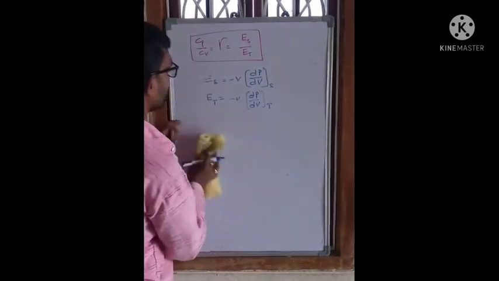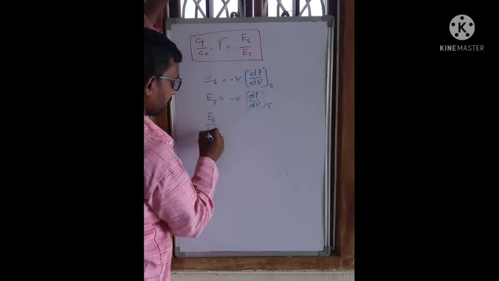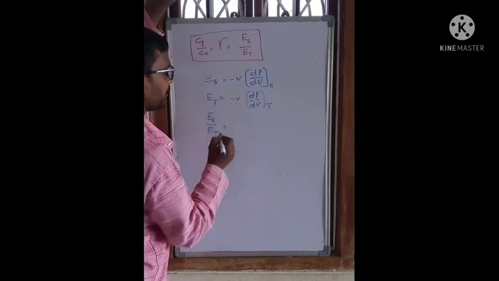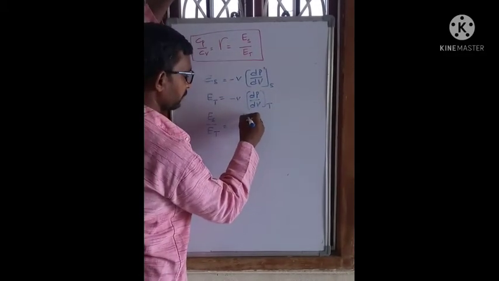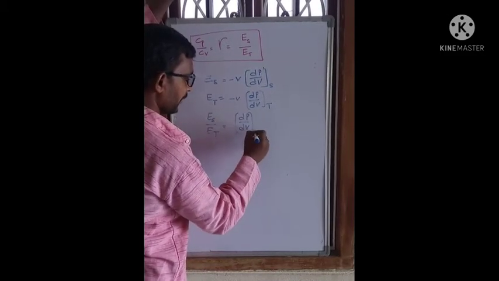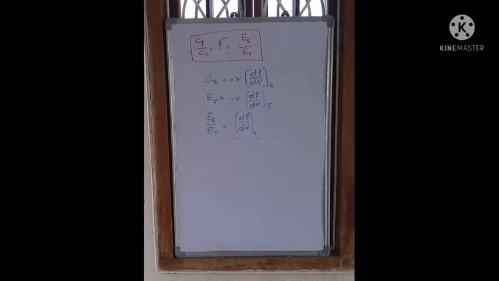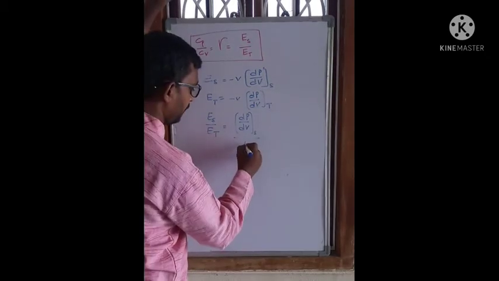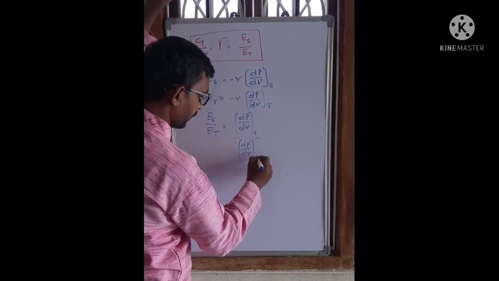Now divide these two equations. Let us write Es by Et. So what we get there? Es by Et equal to, minus V gets cancelled, and finally we have the term dP by dV at constant entropy by dP by dV at constant temperature.